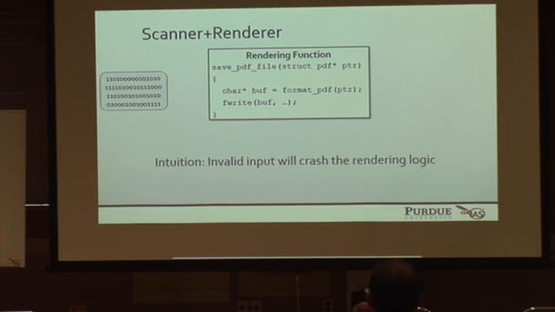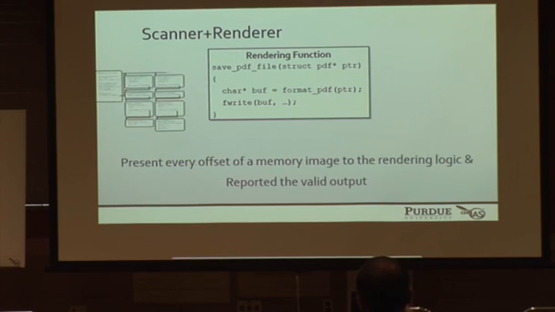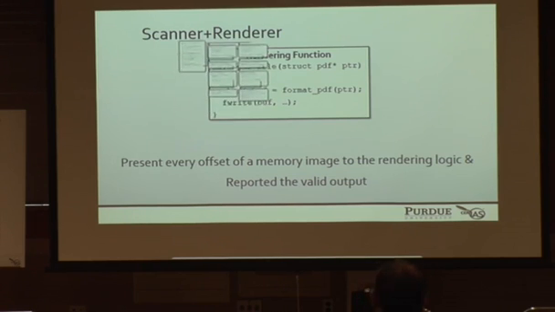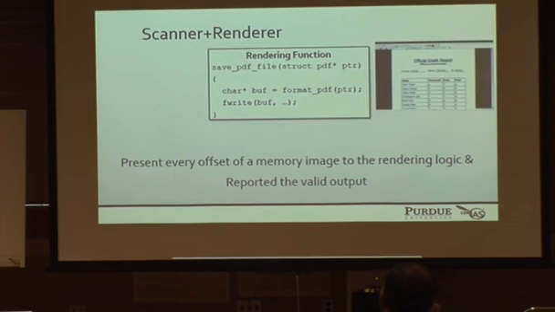So when we present it with just random memory, it's going to cause that code to crash. But if we scan through every offset in a memory image, eventually we'll hit that PDF data structure we're looking for. And for that, this function is going to output the natural application output that would have been created for that PDF data structure in memory. Make sense?